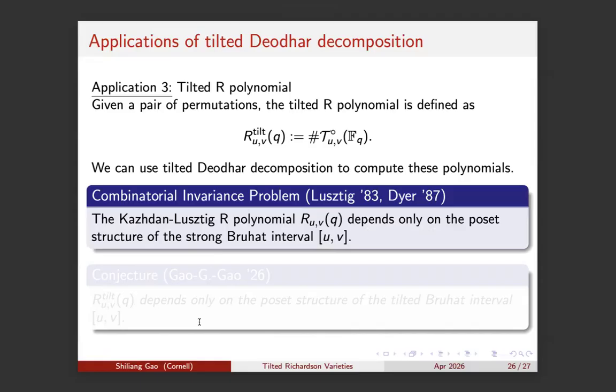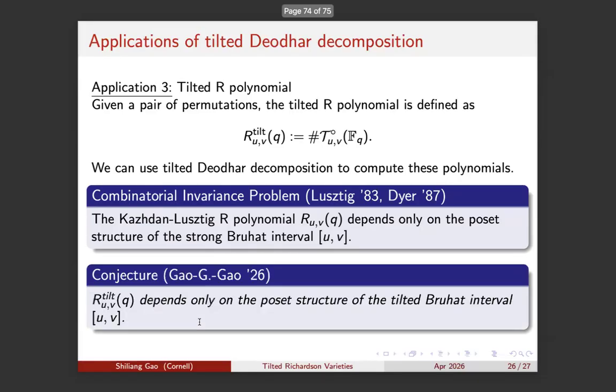There's this long-standing conjecture, the combinatorial invariance problem, that says the R-polynomial depends only on the poset structure of the strong Bruhat interval. And we conjecture that the tilted R-polynomial, so the point count of tilted Richardson cells, also only depends on the poset structure of the tilted Bruhat interval.